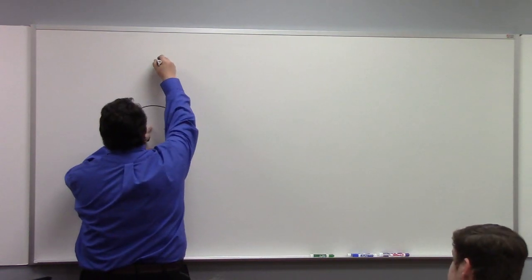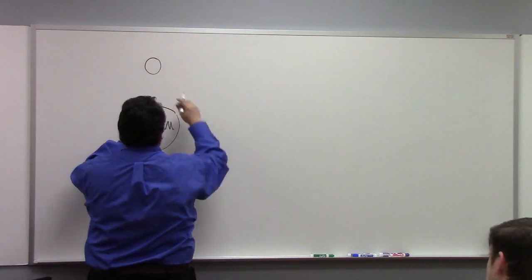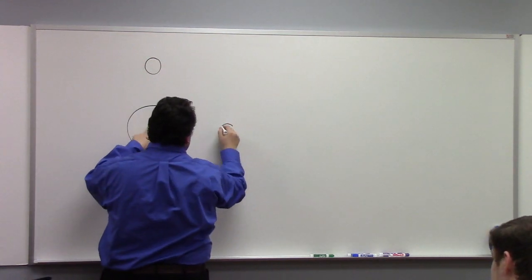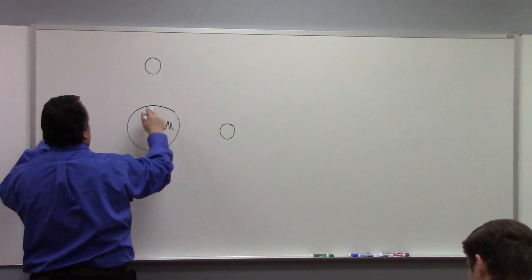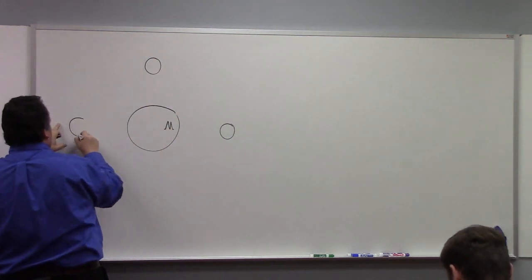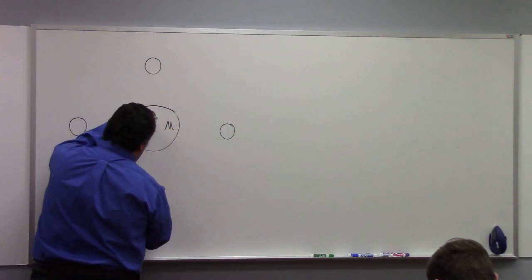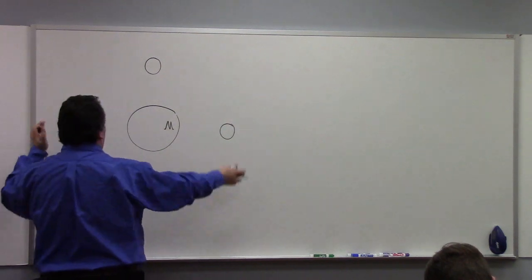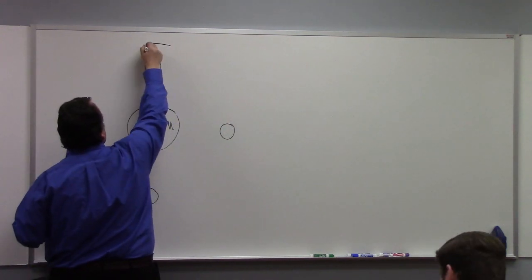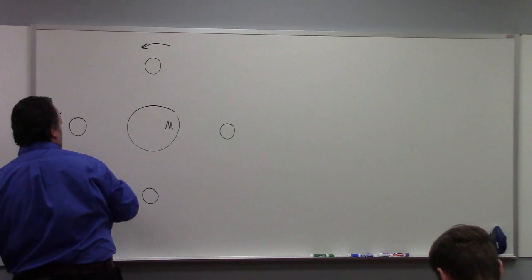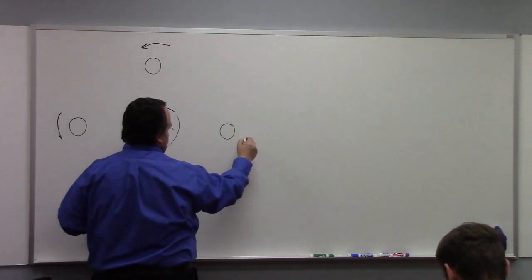And let's put them in the only reasonable way that they could be situated. Obviously, this picture is not necessarily to scale, and they're orbiting, all right? So symmetrically situated.